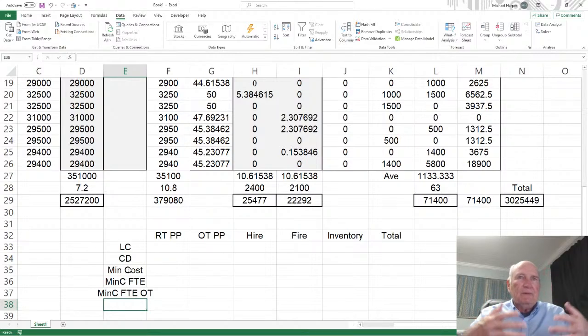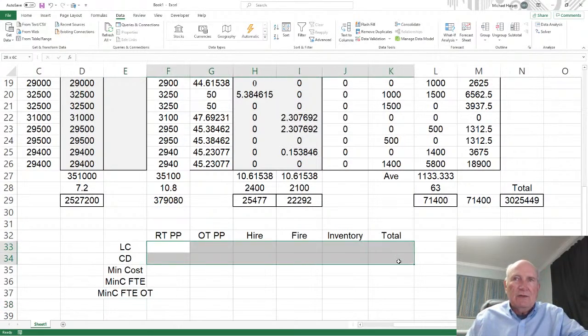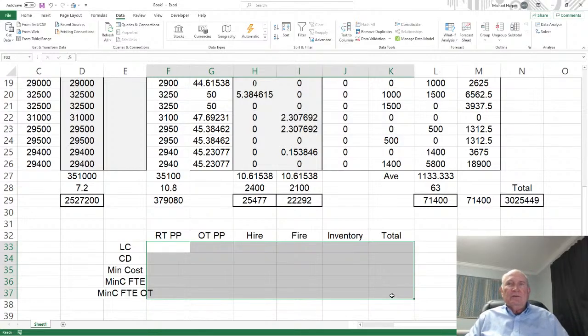And we just keep building it up. And so you'll just have a table here, just a table of these values. That's one way to do it.